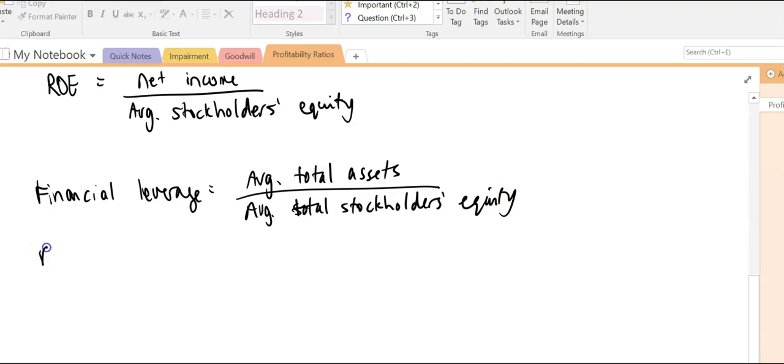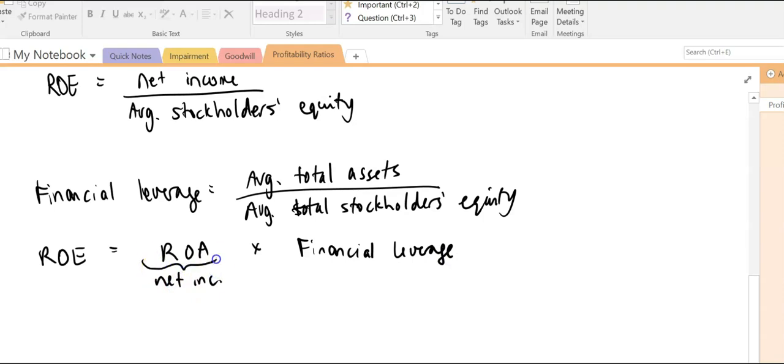And we can look at ROE not just as net income over average stockholders' equity, but we can look at ROE as return on assets times financial leverage, or net income divided by total assets times average total assets divided by stockholders' equity.